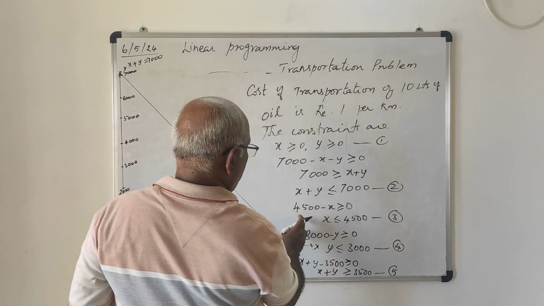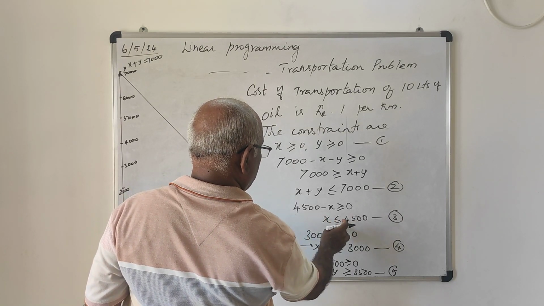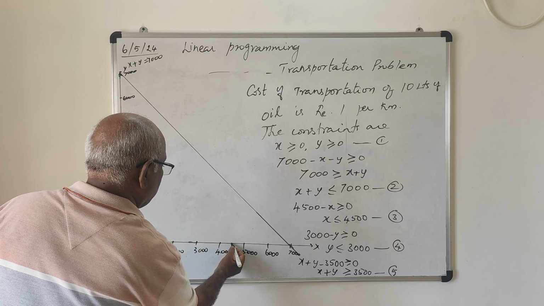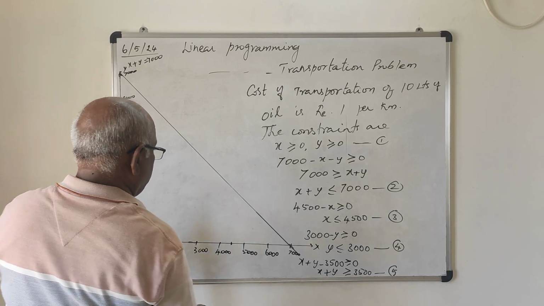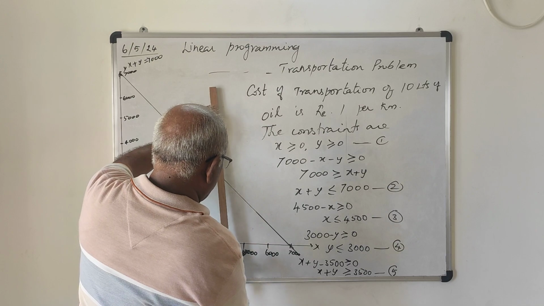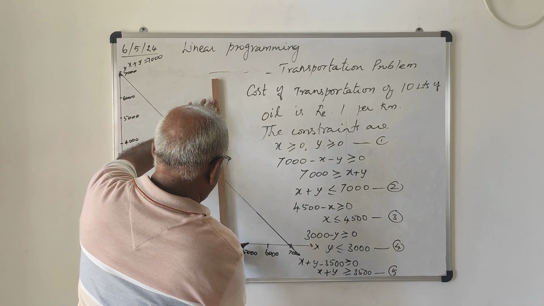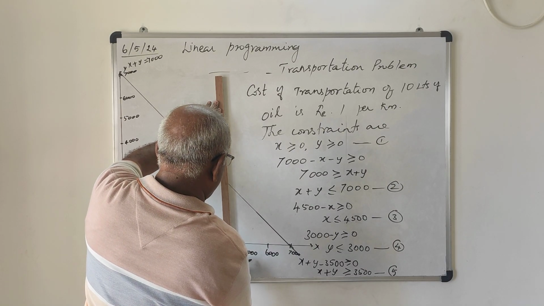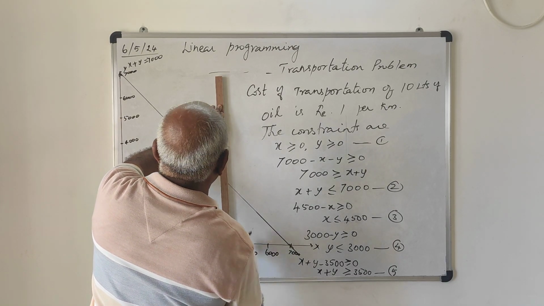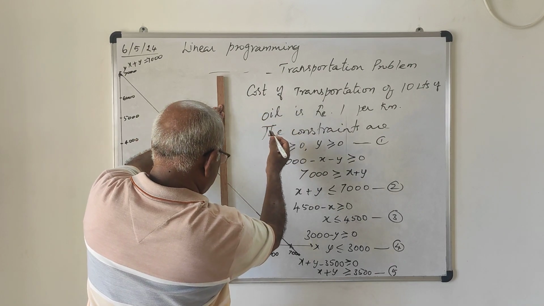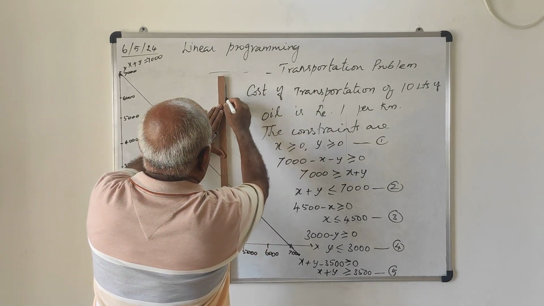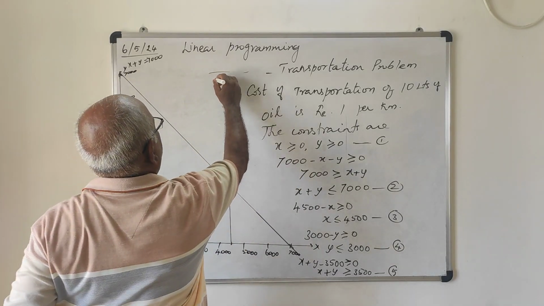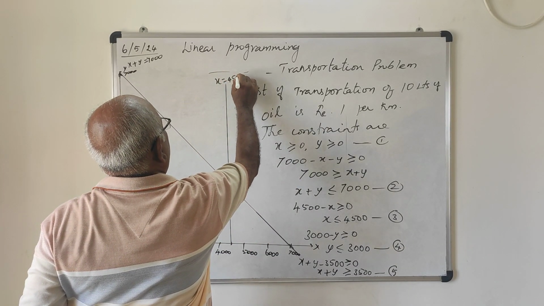Similarly, x less than or equal to 4500 means x equal to 4500. This is the point 4500. So the line x equal to 4500 is a line parallel to the y-axis at 4500. This is the line x equal to 4500.